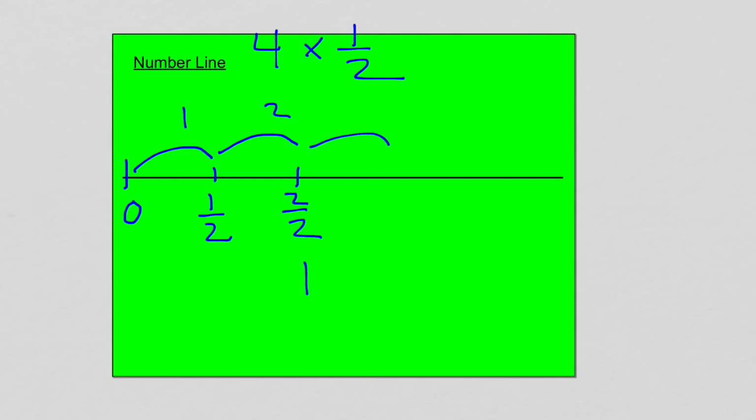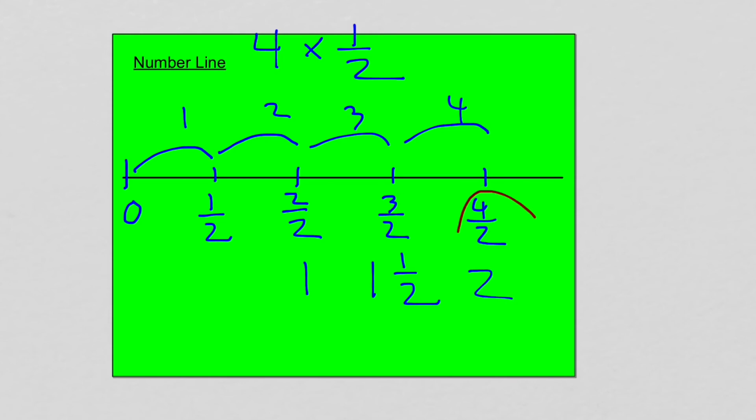Count up another half. That's 3/2, or 1.5. And count up another half. That's 4/2, or 2. And that's how you get the answer of 2, because I've counted up 4 groups, 1, 2, 3, 4, of 1/2.